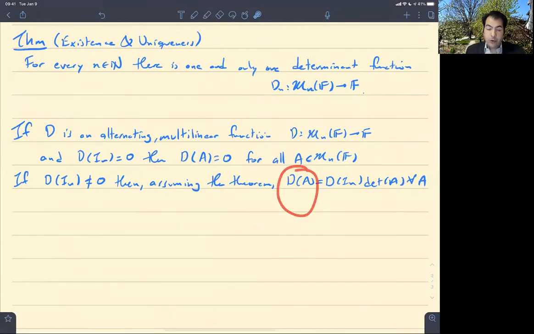And this would give you an alternating multilinear normalized function. So then if the theorem holds, if there is one and only one alternating multilinear normalized function, then this one is it. So you'd get the determinant.